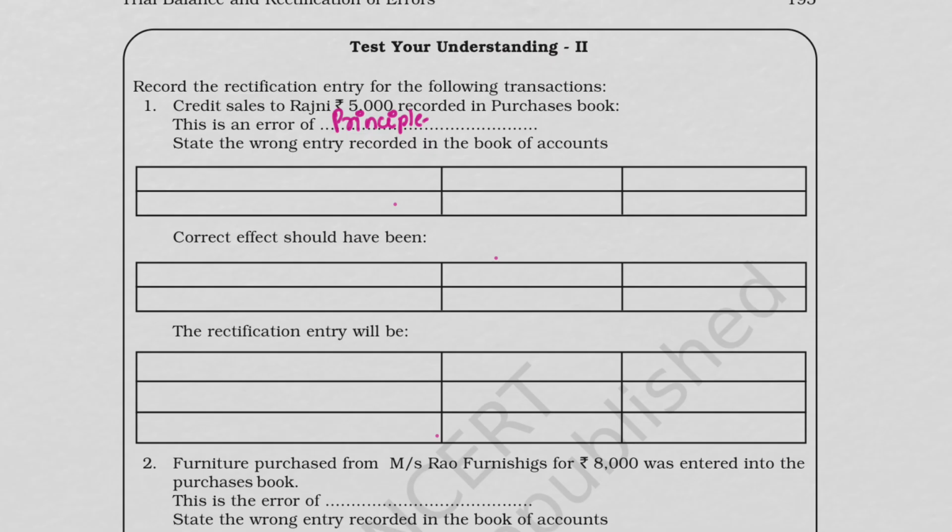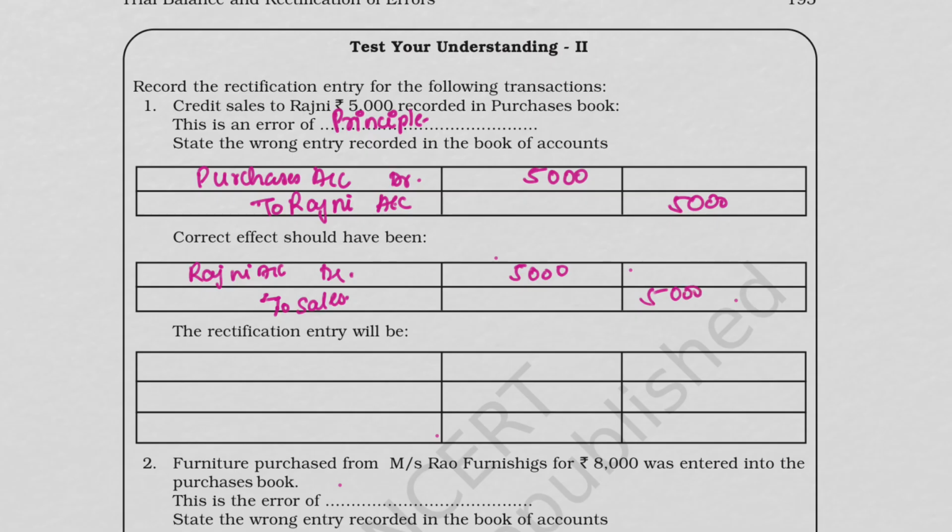So the wrong entry has been purchase account debit rupees 5,000 to Rajni account rupees 5,000. The correct entry should have been Rajni account debit 5,000, because Rajni is our debtor, to sales rupees 5,000.